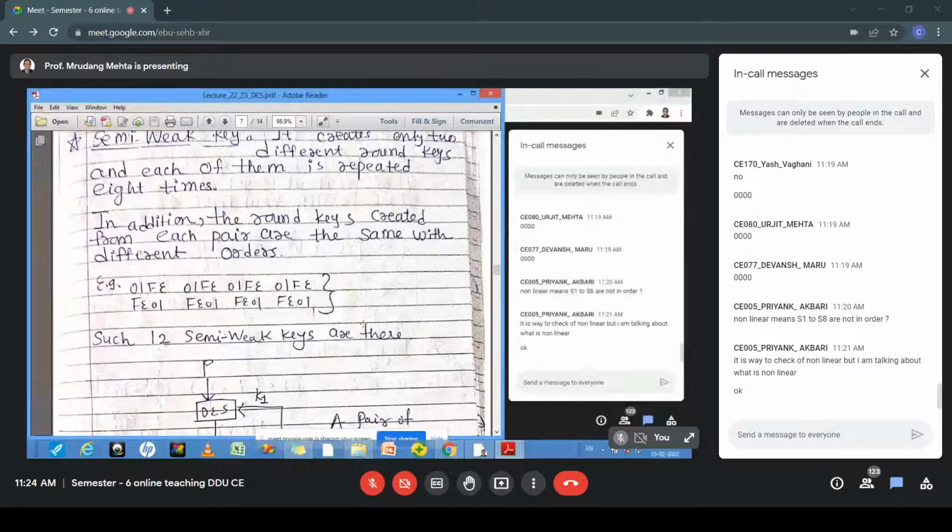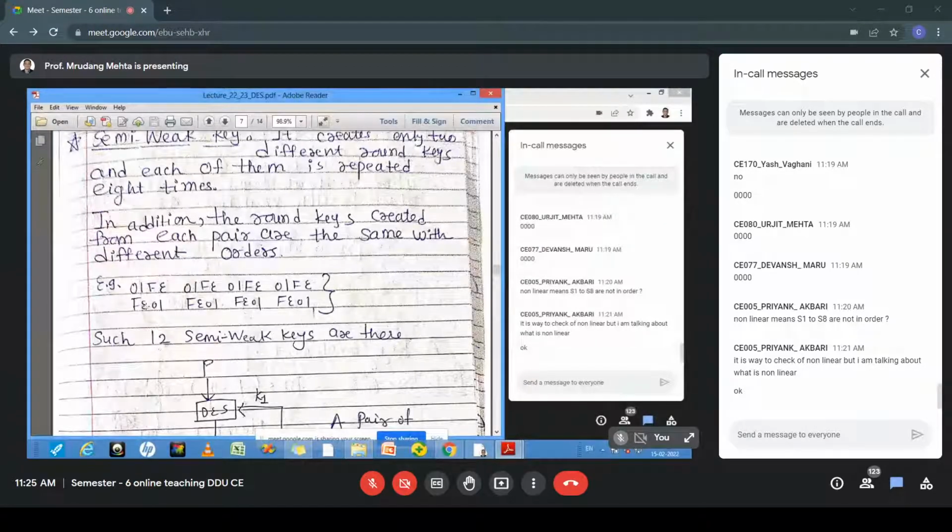In addition, the round keys created from each pair are the same with a different order, right? So it is changing the order only. For example, 01FE, and the second key is FE01. 01FE, FE01, so this is just a change in the order.